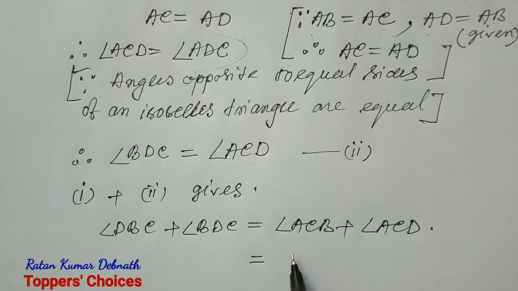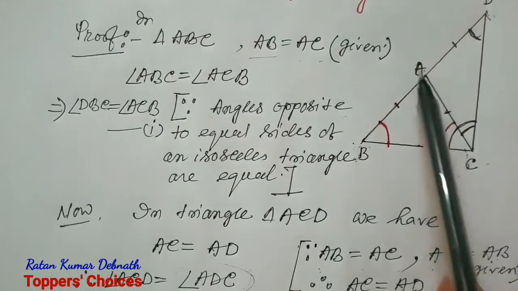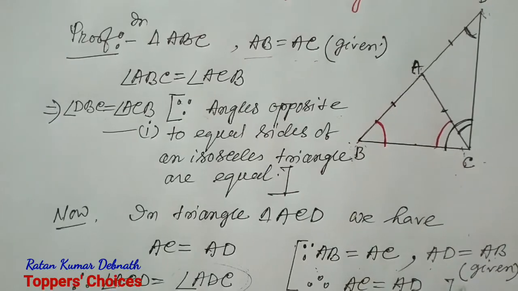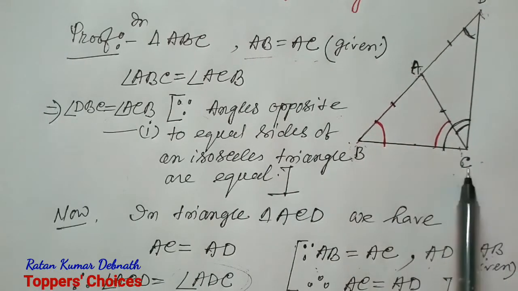Now look, angle ACB plus angle ACD equals angle BCD.